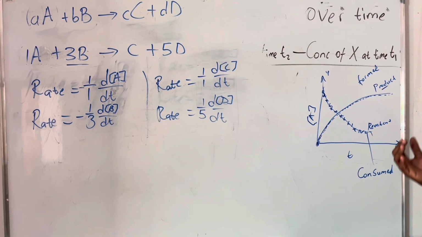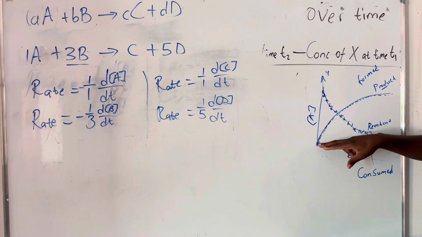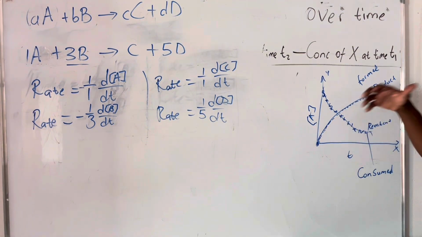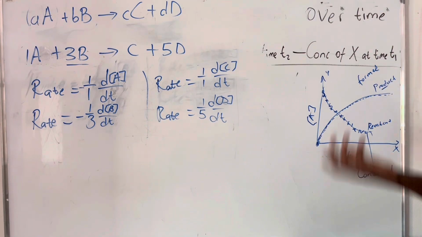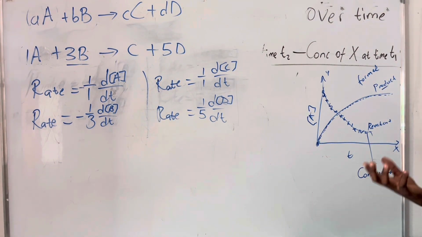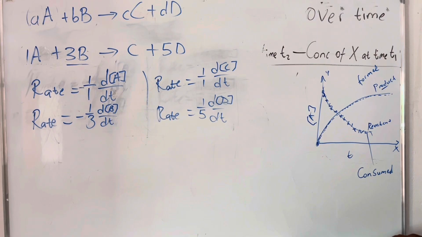Why? Think about it in this manner so that you won't forget: when we started, the product is at 0, but it is associated with gaining or formation of something, or curving up, or increasing. So that's why we write it with a positive like that.